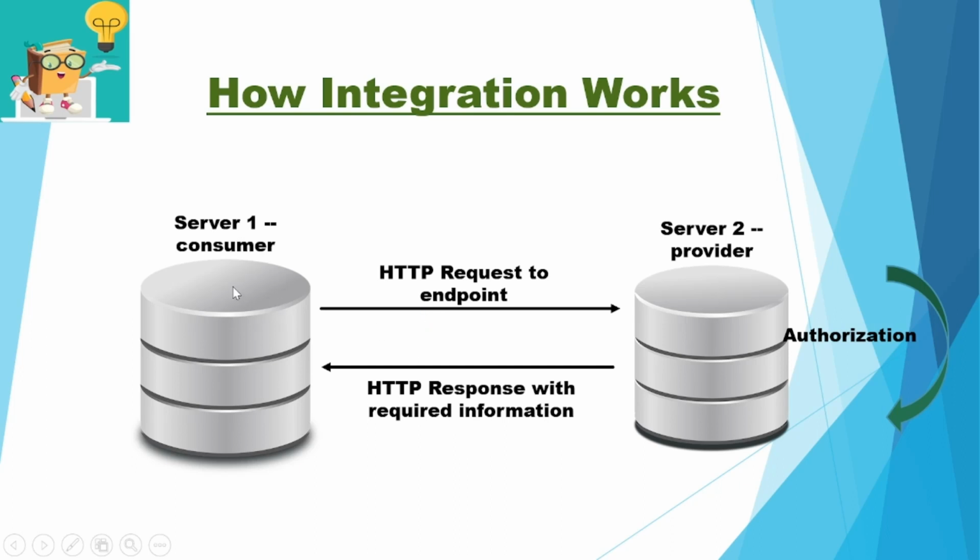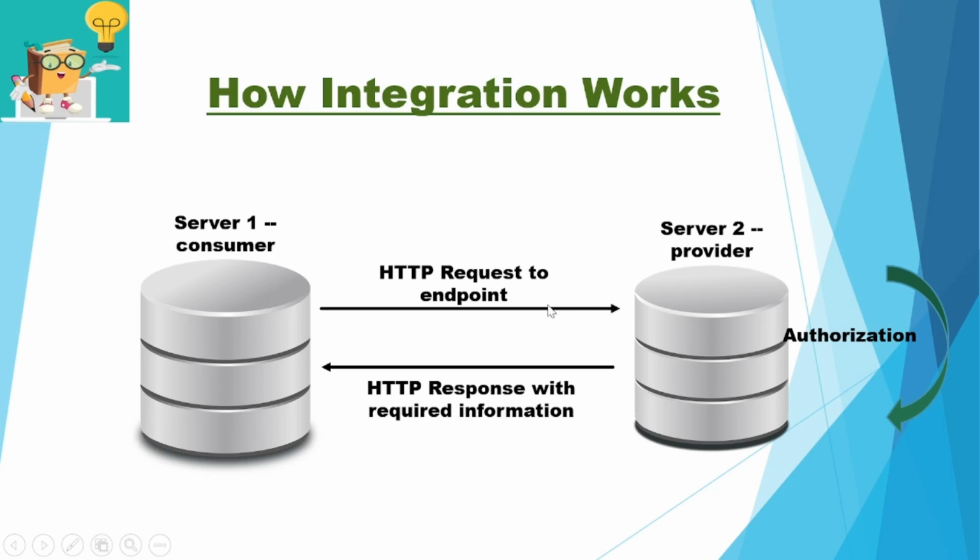For example, let's say you have to get all the data whose name is starting with test. The consumer sends an HTTP request stating that I need all the data whose name is starting with test, along with certain additional parameters to do the authorization.